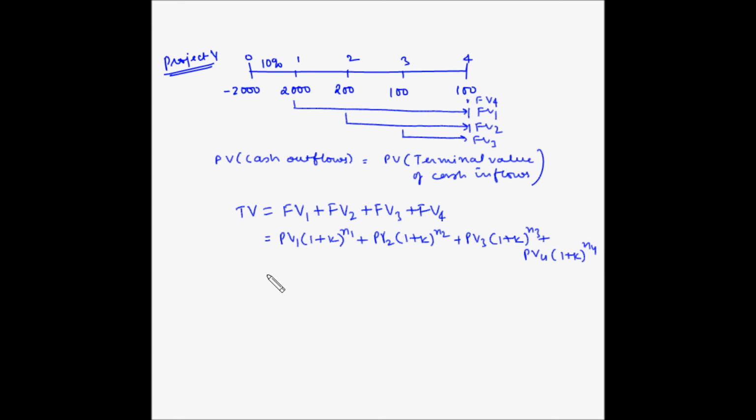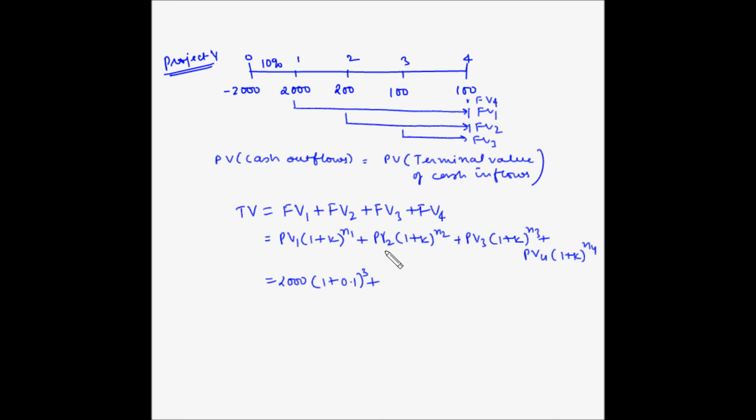Now let's plug in the values. So PV1 is 2000. So 2000 into 1 plus k, which is 10%. However, while using it in the formula, we have 10 divided by 100, so 0.1. Now n1 is the number of compounding periods. So for 2000, we'll have number of compounding periods as 1, 2, and 3.